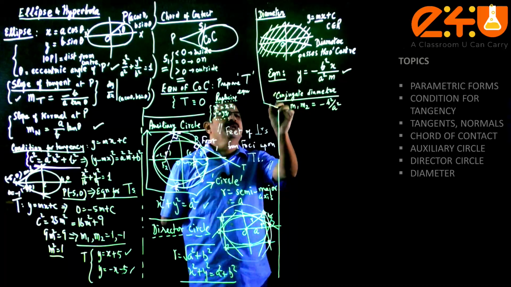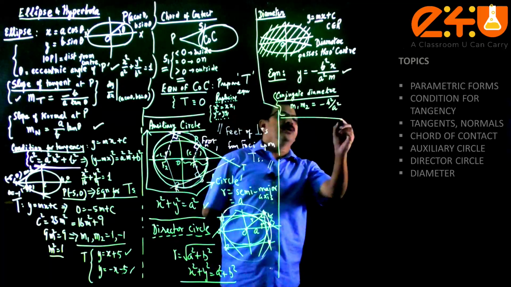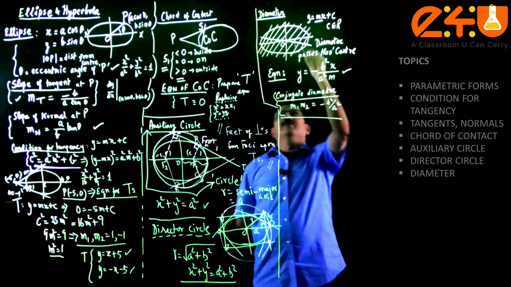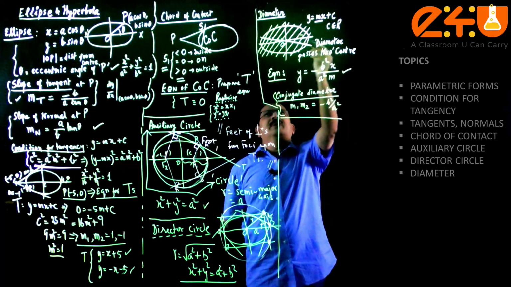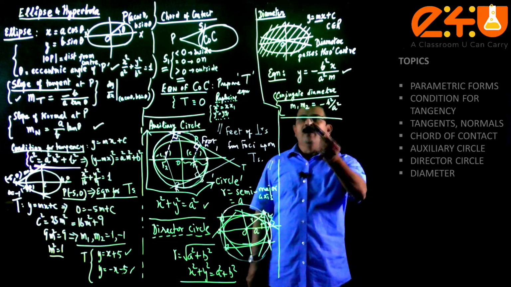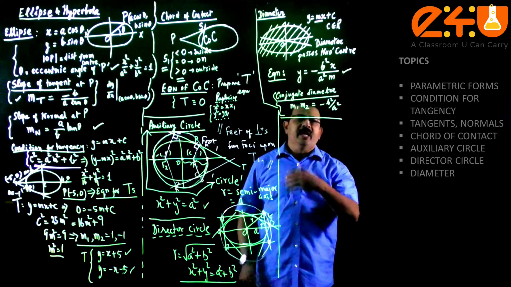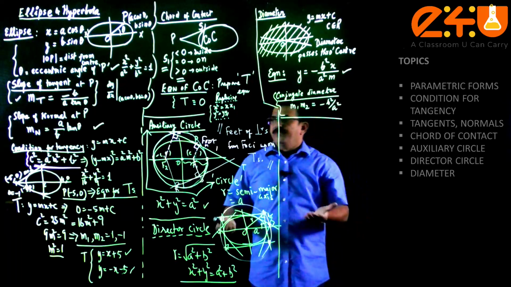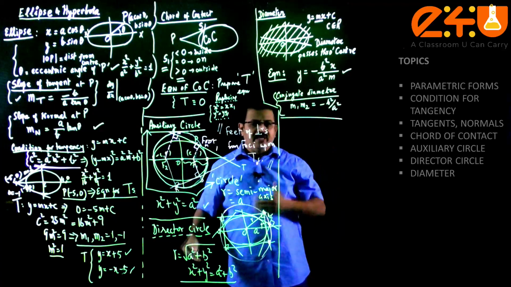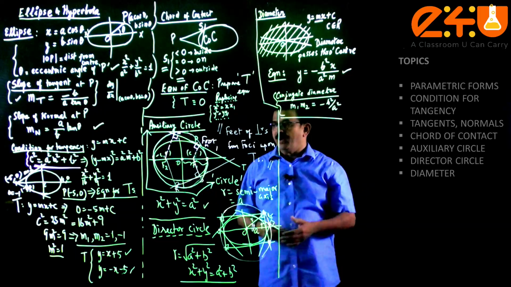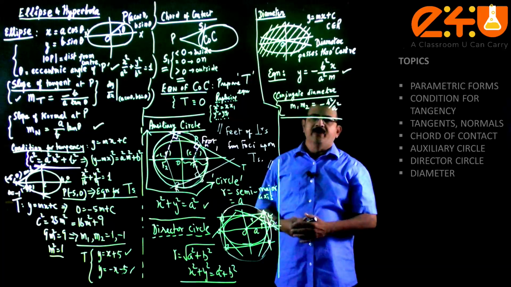This is the essential criterion for a conjugate diameter. The question can be anything, like finding the equation of a diameter, or given a diameter, what is its conjugate.